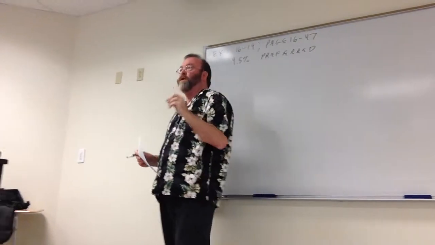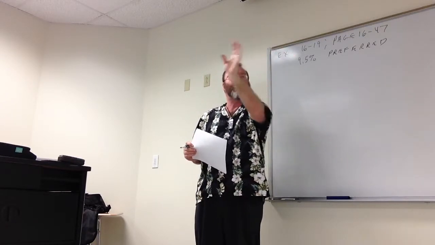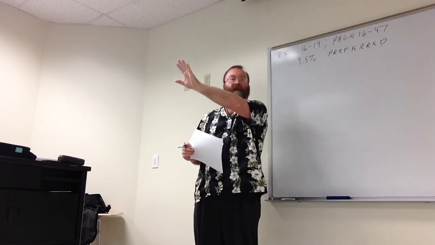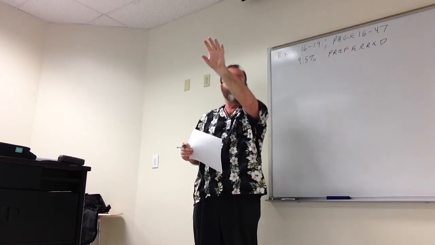So what you're trying to do in each case is determine the change in the numerator, because if you remember from last Thursday, the numerator for basic earnings per share is net income attributable to common shares of stock. So we took net income and we subtracted preferred dividends for the numerator. All right?